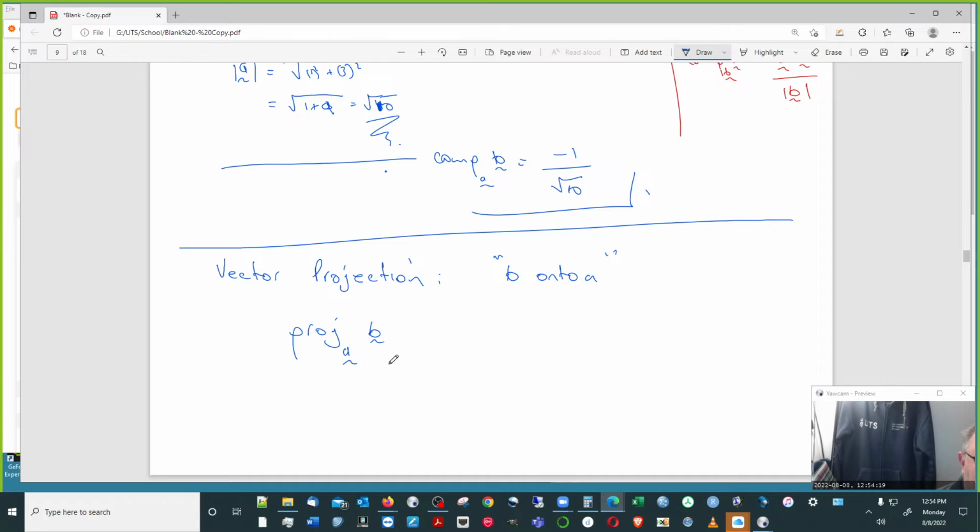That's the same rule we applied for the component. So it's the component projection, the scalar projection of B onto A, multiplied by, who can tell me? The vector A. Now not the dot product, just the multiplication.